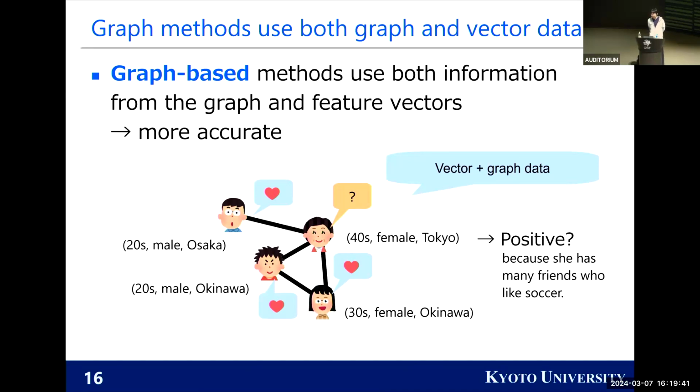So by combining this information, we can conclude that she is interested in soccer because she has many friends who like soccer. So compared to using just feature vectors, we can use much richer data and can make more robust and more accurate predictions. This is a node classification example.